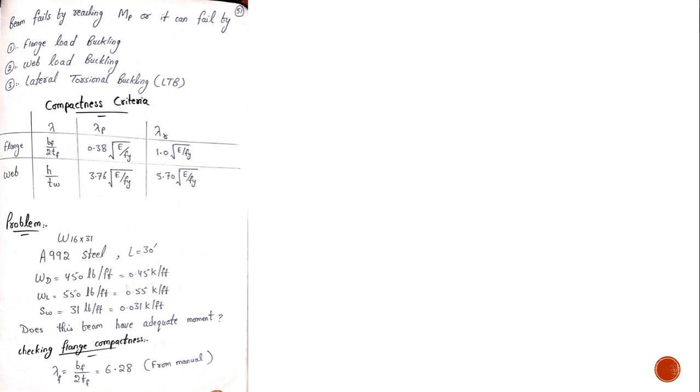Now the next question is a much more detailed question. The flexure member, the beam, is designed in the same way as a plate girder. We have some requirements and you should be very well acquainted with this diagram. This is lambda r and this is lambda p and this is lambda r, and this whole axis is the slenderness ratio.